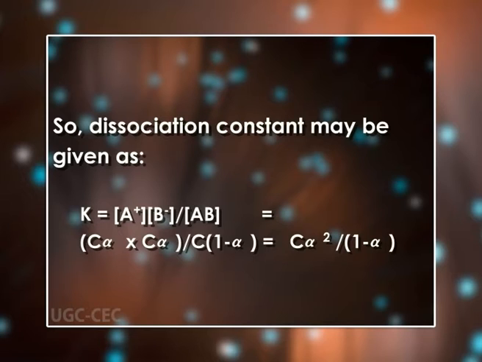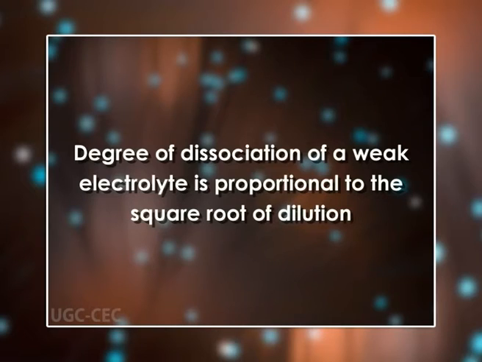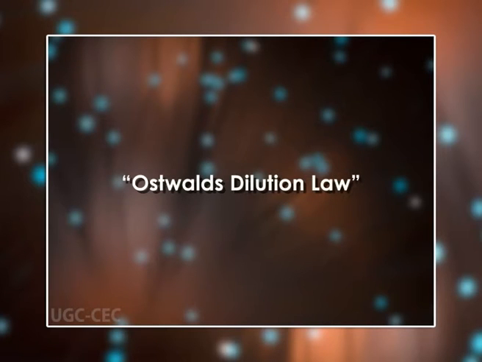That simply gives us the equation K equal to C alpha squared divided by (1 minus alpha). From the equation, it is clear that the degree of ionization increases on dilution. Thus, the degree of dissociation of a weak electrolyte is proportional to the square root of dilution. This law is called Ostwald's dilution law.